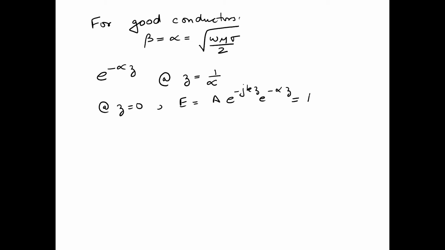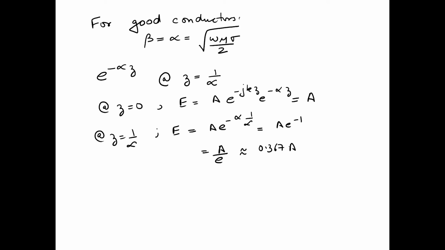I put z equal to 0, my wave is equal to A. At z equal to 1 by alpha, my intensity of the wave drops down to A e to the minus alpha times 1 by alpha, or A e to the minus 1, or A by e, which is approximately 0.367.